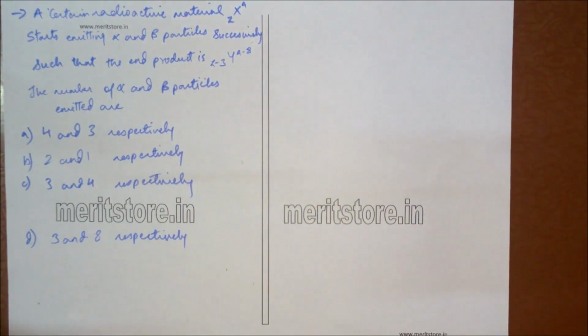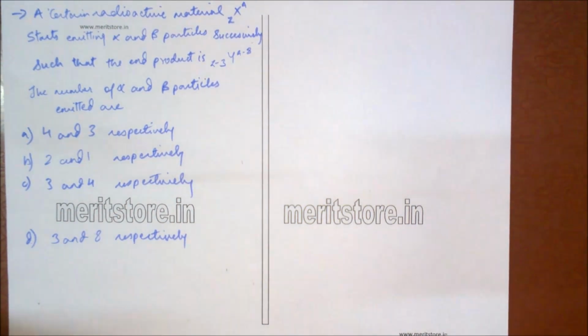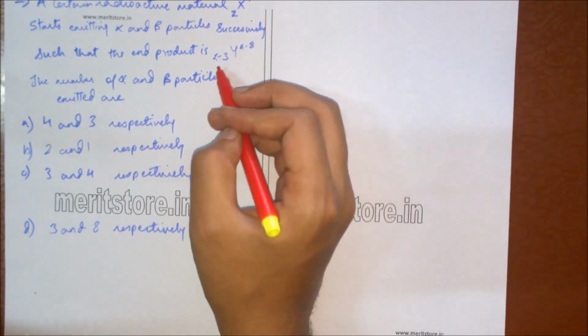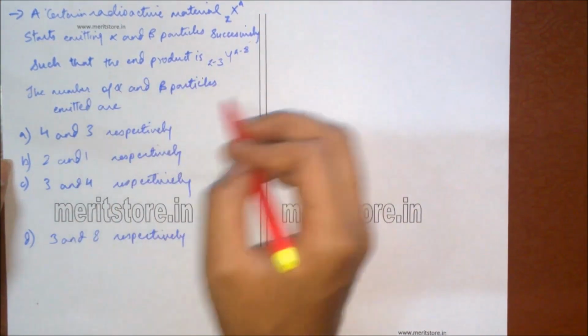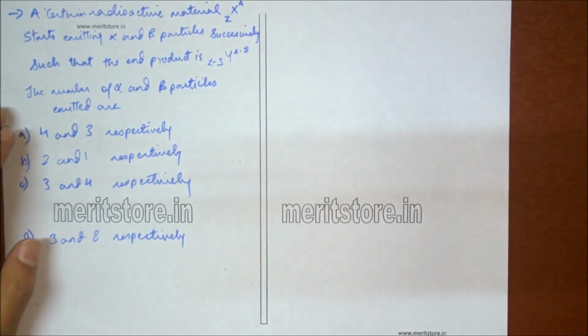A certain radioactive material X starts emitting alpha and beta particles successively such that the end product is Y with Z minus 3 and A minus 8. The number of alpha and beta particles emitted are.